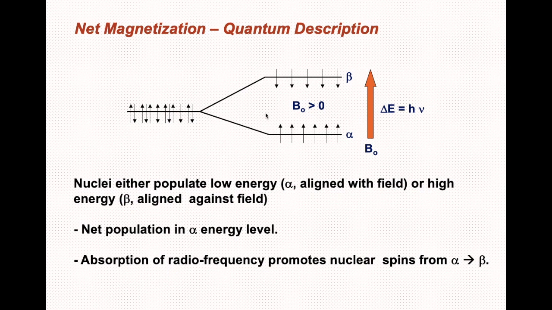If you look at the energetics of the alpha spin state and beta spin state, the separation between these two is very small, of the order of 10 raised to minus 25 joules. That means it is a very small energy gap. As a result, the total population will distribute almost equally among these two nuclear spin states, but not exactly the same.